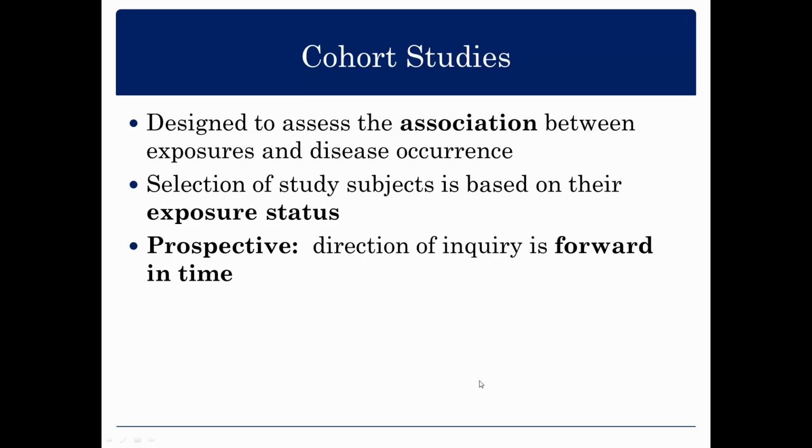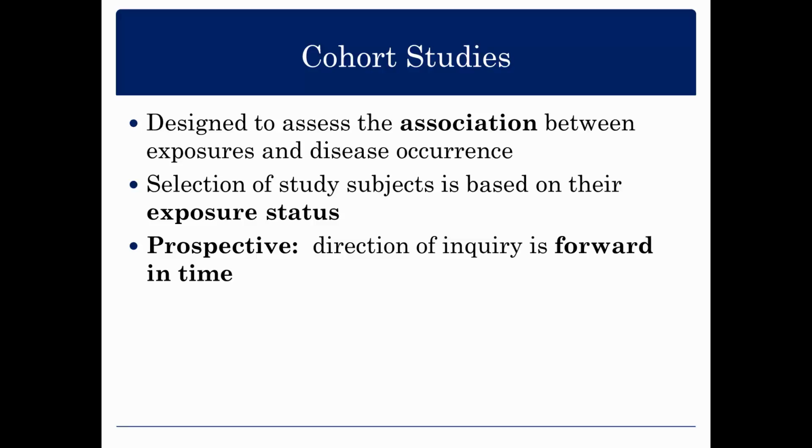Cohort studies are similar to case control studies, except they are looking forward in time generally. What we do is we select our study subjects. This is probably the one that's most similar to what's called a randomized controlled trial, in that you're observing your independent variable and you're following subjects forward in time to see whether or not they end up with the disease.